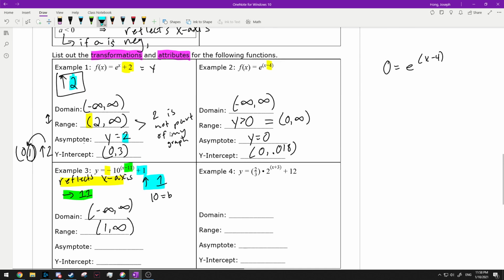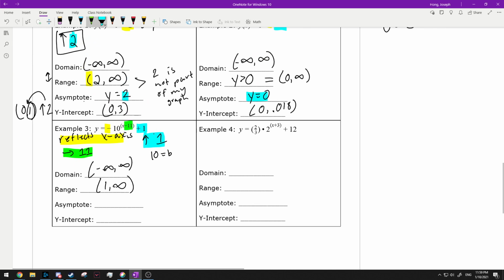And since I don't have anything here being added or subtracted, that's why my y became 0. So this +1 really tells me that my asymptote is going to be y equals 1.